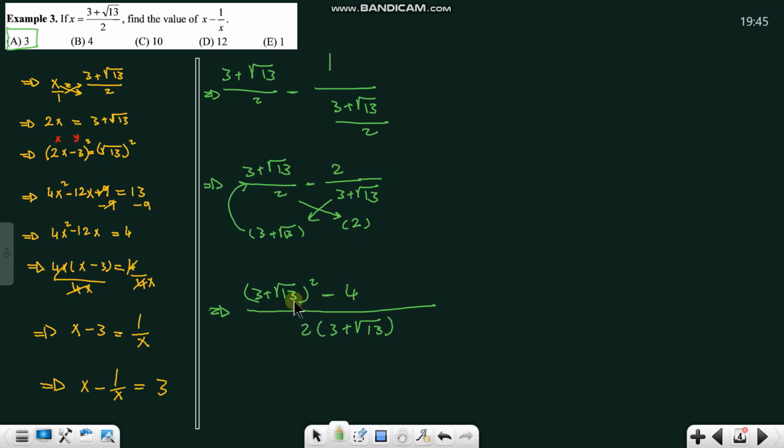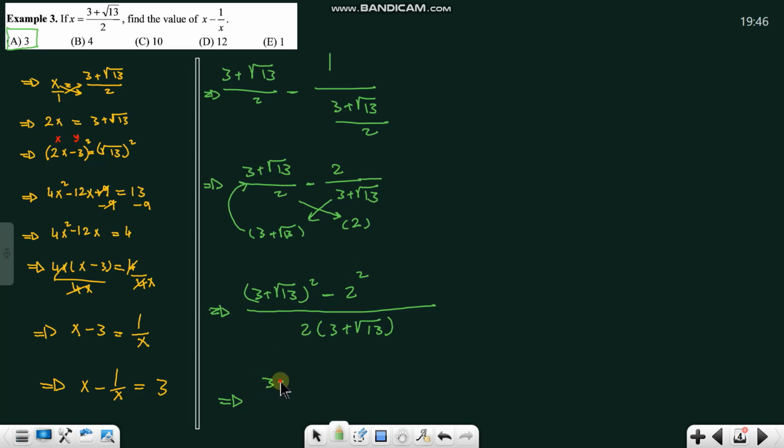If you see this one, I have a difference of squares. This one is a square, and 4 I can write as 2 squared. So it means this is a difference of squares, and I can write this as 2 squared. So now I have a difference of squares in the numerator. How am I going to write it down?